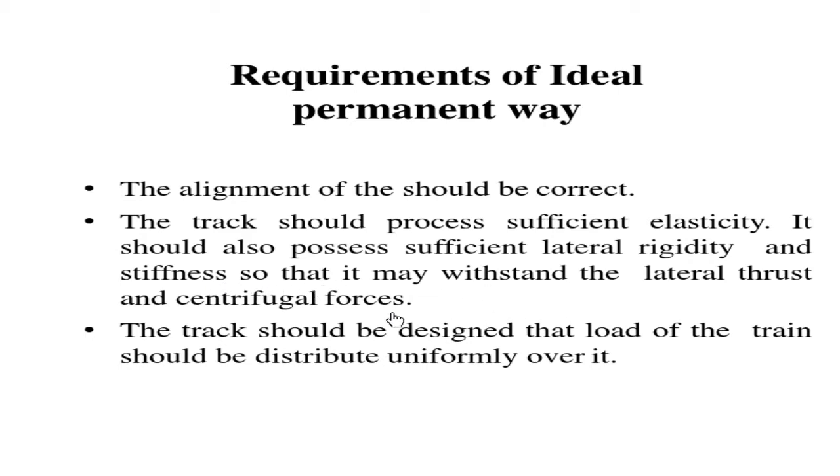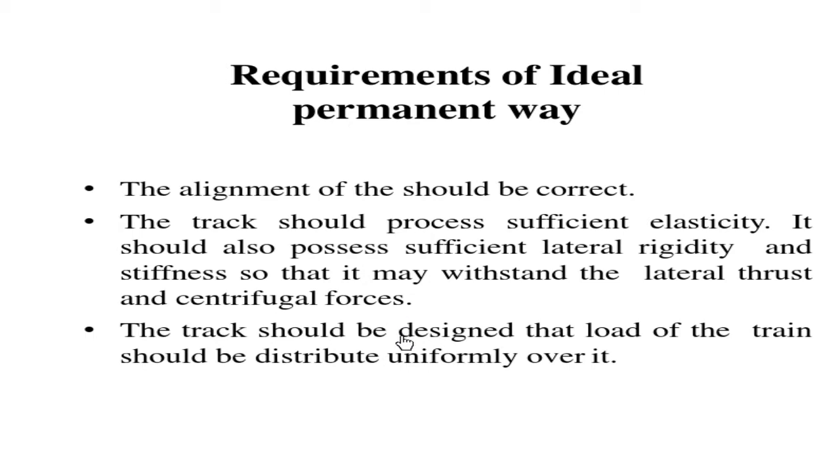Railway track is laid in a permanent manner, so it should have all these important properties, because it has to go through a large amount of centrifugal forces and lateral thrust.